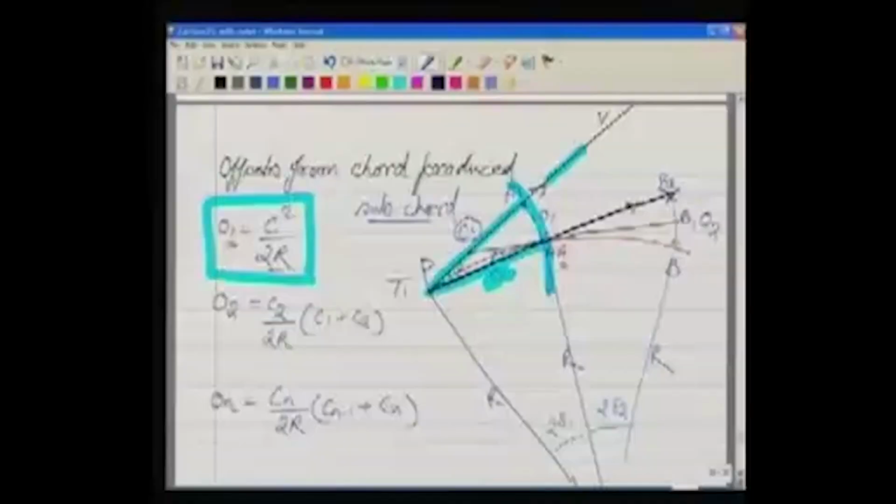So I have extended. Then standing at A, now we have a direction. That direction is AB2, the direction in which the chord is extended. So standing at B, we take a distance equal to C along this direction. And this C is the normal chord.